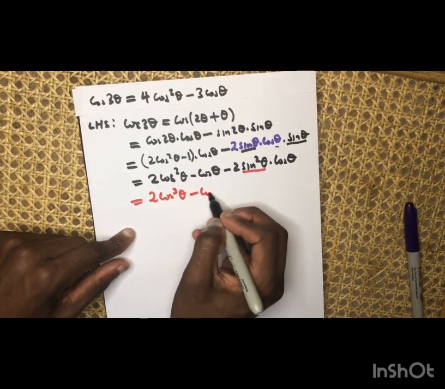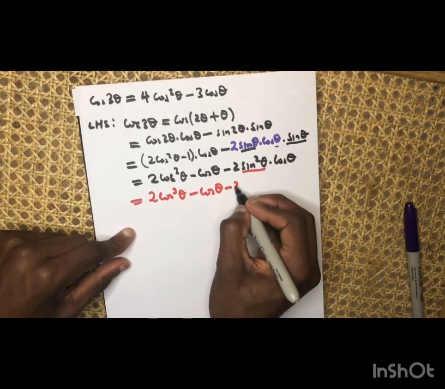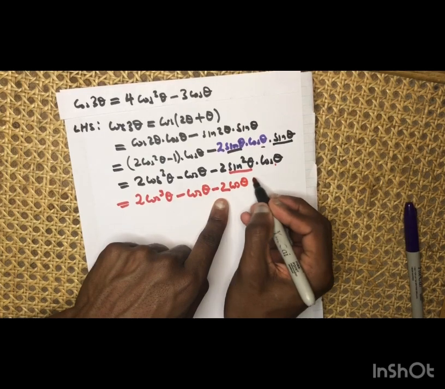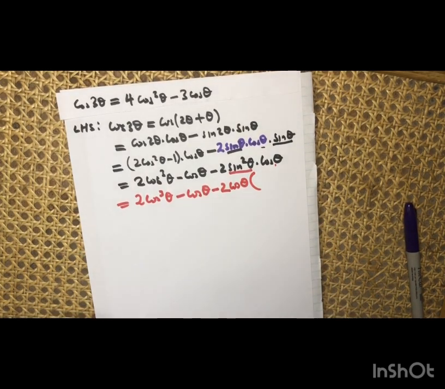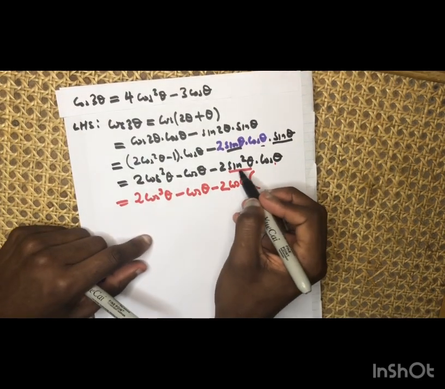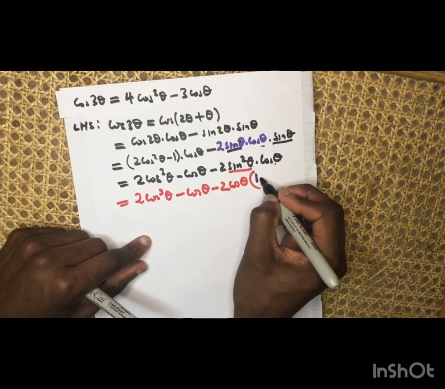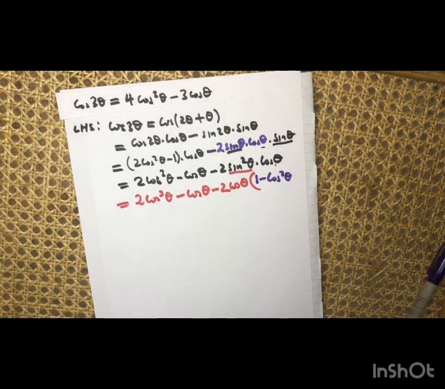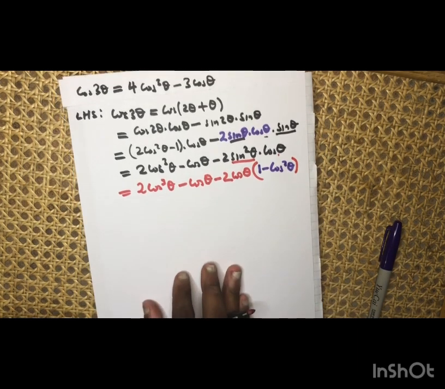Remember, you can take this one to be in front, then open the brackets. So you can change this one. Remember your square identity, so it's going to be 1 minus cos squared theta. And then we close the brackets.